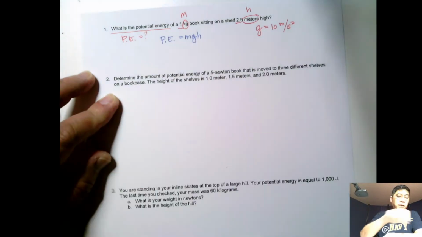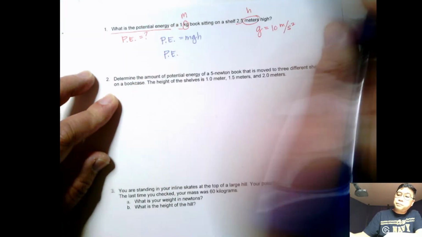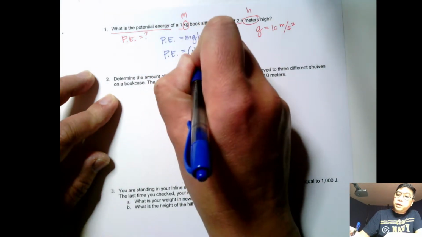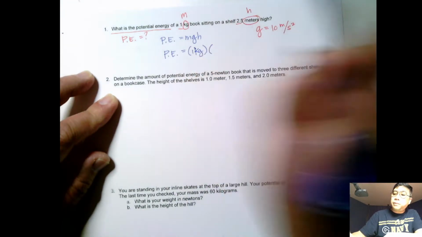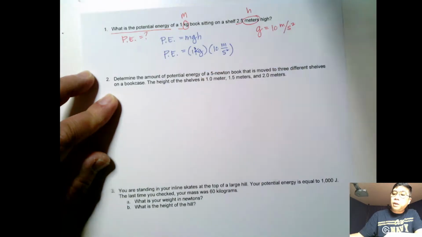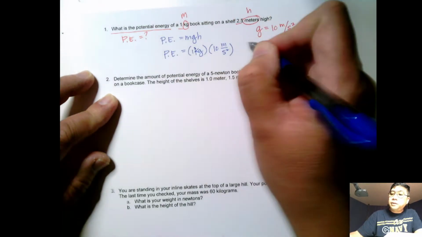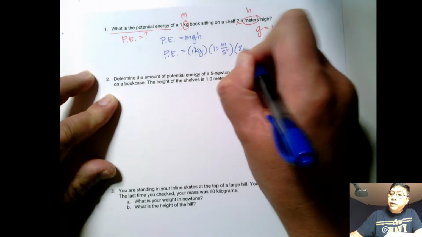So we know all the values, so this is basically a direct plug-in of values. Mass of 1 kilogram, so let's put the units. 1 kilogram multiplied by 10 meters per second squared, and then we have a height of 2.5 meters.